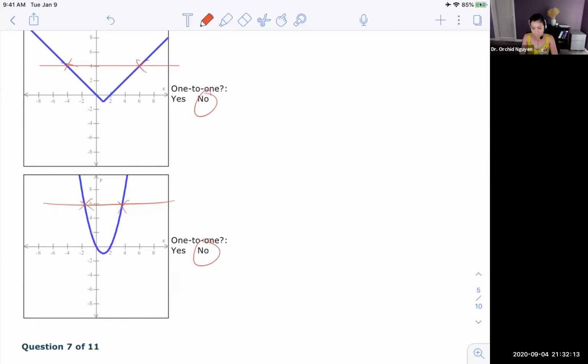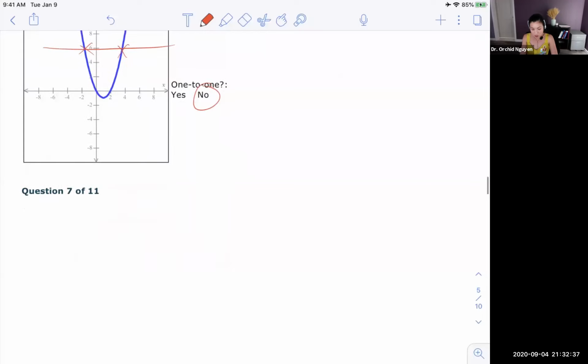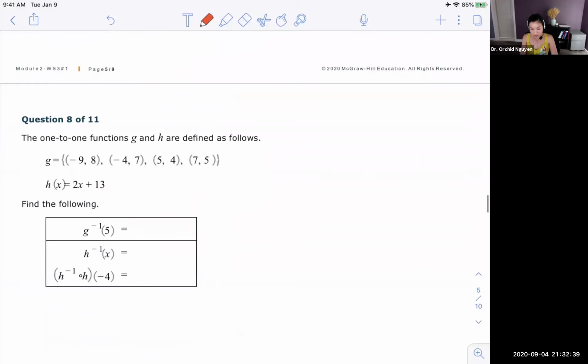Pretty much for a one-to-one function, the same y cannot share 2 different x's. The same second coordinate cannot have 2 different first coordinates. So that's the one-to-one definition.